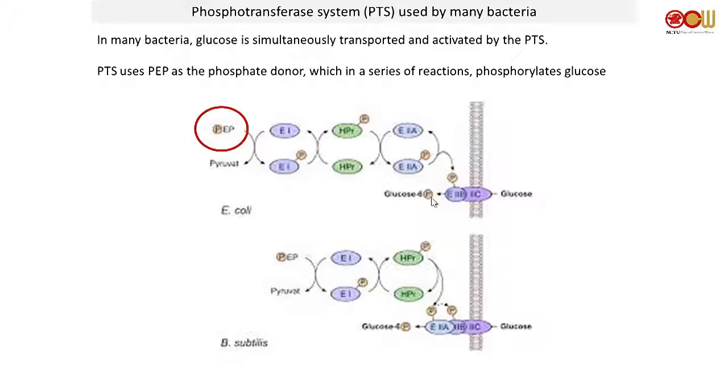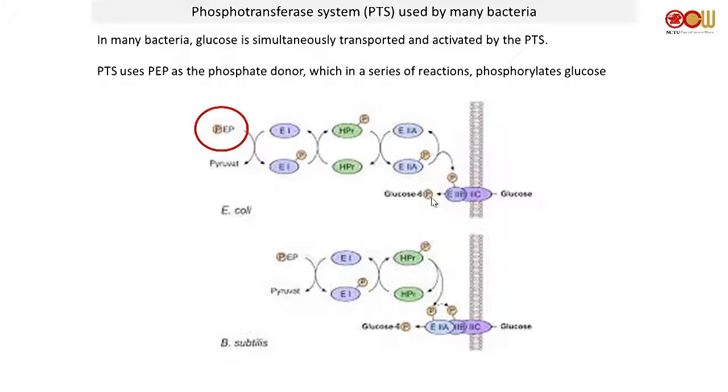Instead of using ATP to activate glucose, it uses PEP. Remember, we talked about in our last lecture, PEP, phosphoenolpyruvate, is a super high energy phosphate donor, and it will donate the phosphate to some partners.